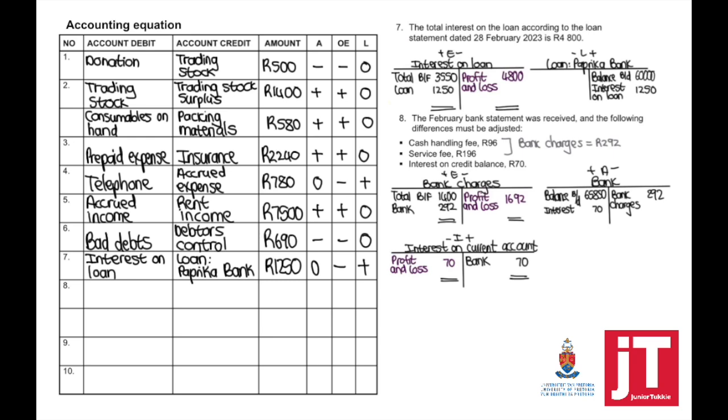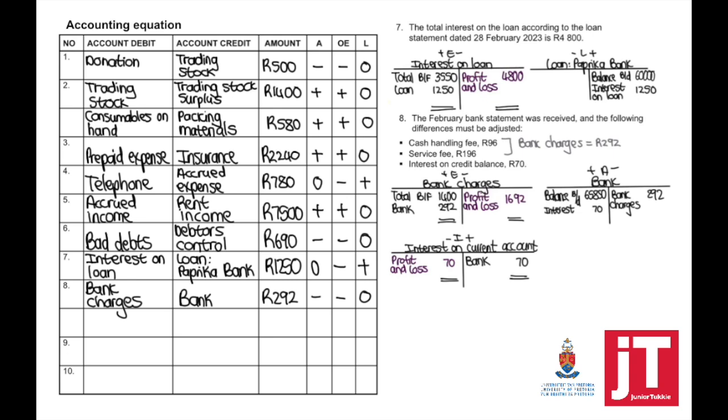Adjustment number 8, the February bank statement was received. The bank charges still needed to be shown, as well as the interest on current account. So the first part of this transaction, to show the bank charges: account debited, bank charges, account credited, bank, amount 292.